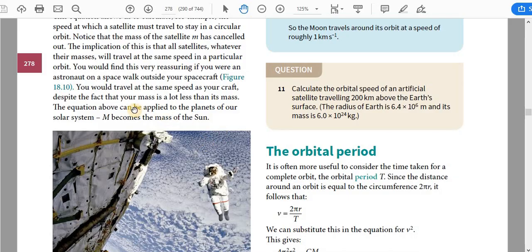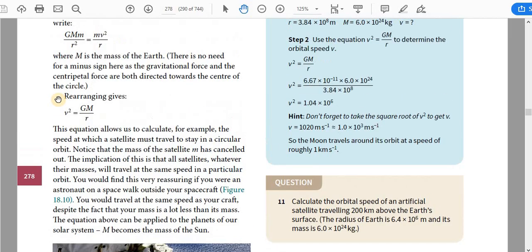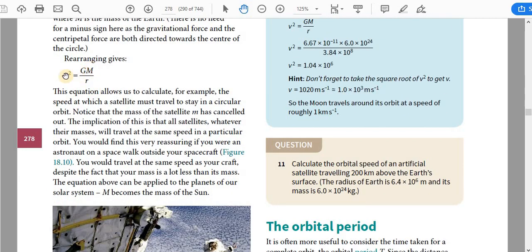You would travel at the same speed as your craft, despite your mass being a lot less than its mass. The equation above can be applied to the planets of our solar system, where M becomes the mass of the sun. So if a planet is far away from the sun, then its speed will be lesser, because the greater the r, the lesser the speed.